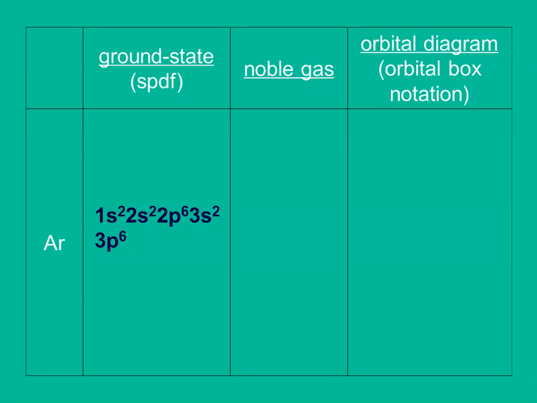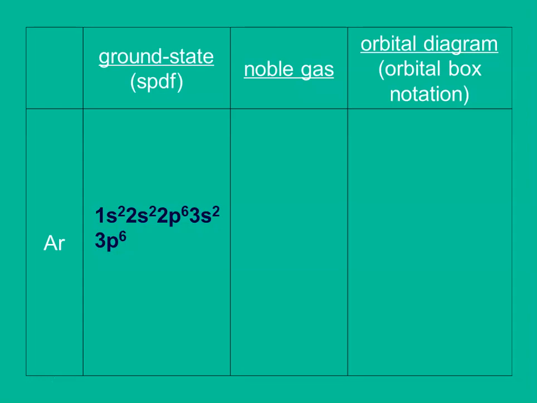The noble gas configuration is determined using the last filled energy level, the last row on the periodic table that you made it all the way through, and then you would put the noble gas in brackets to represent that your element or ion has the same configuration as that noble gas.